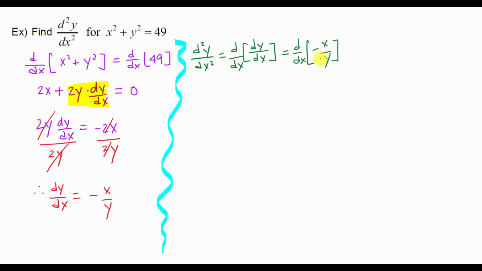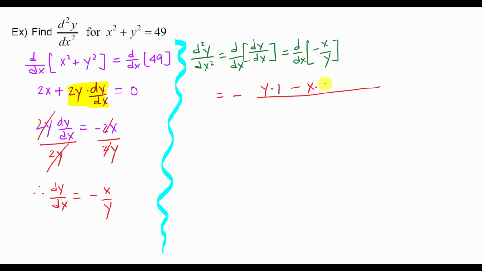The negative, you can just think that it is a negative one scalar multiple. So you can pull it out in the front, and then you can just do low, we'll just copy, low, d high. We're taking the derivative of x with respect to x, so it is just 1, minus high. My high is x, d low. Now you're taking the derivative of y with respect to x.